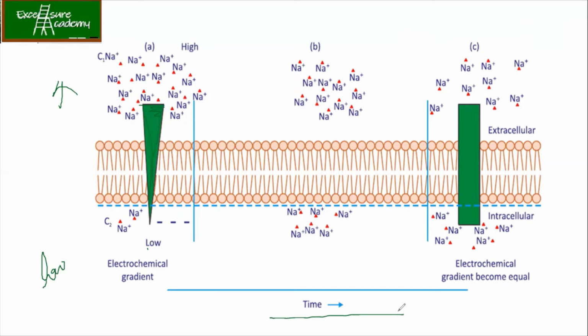With the passage of time, the Na plus concentration here and here becomes the same, so it has come to equilibrium. The time from here to here is when the membrane was acting as an electrochemical gradient. Is this much clear, guys?